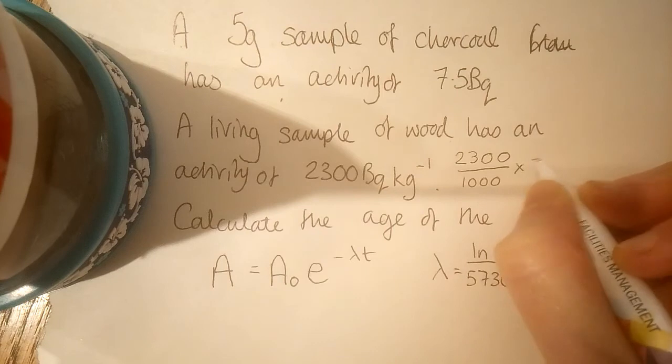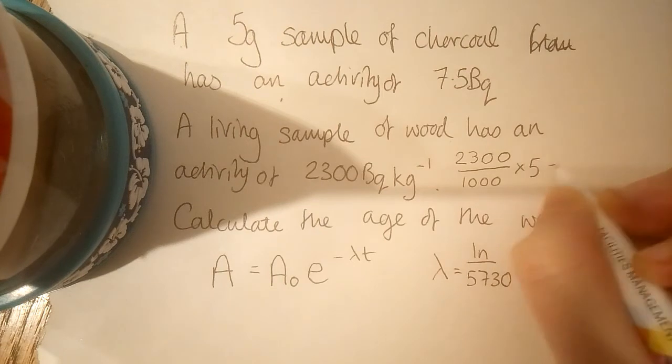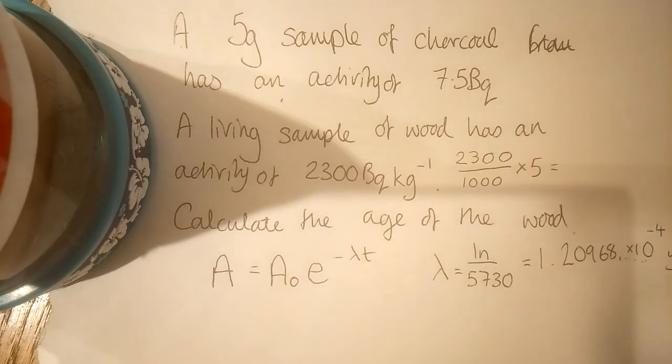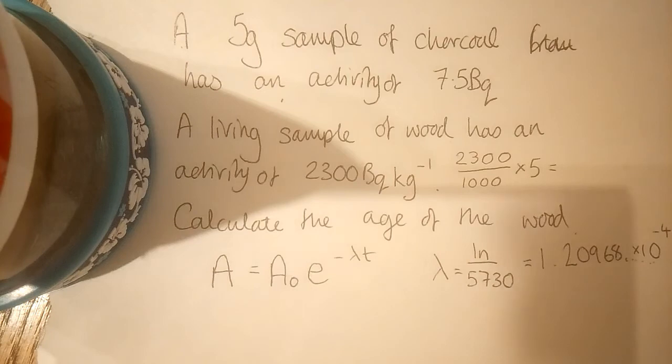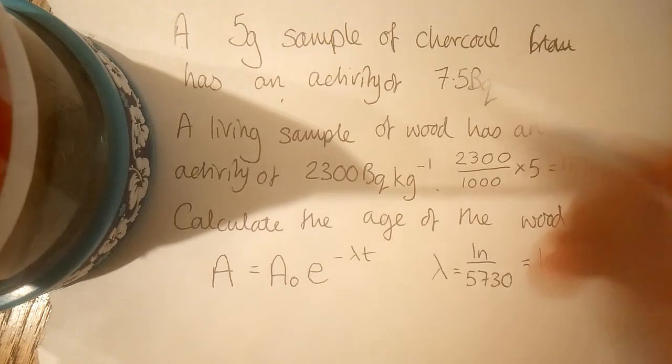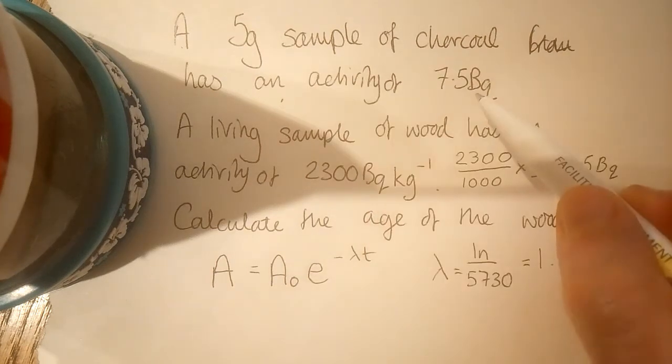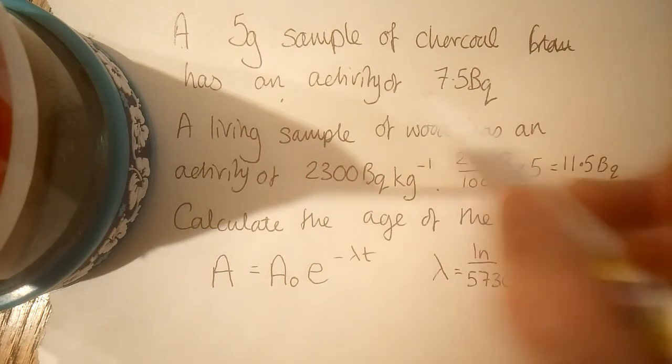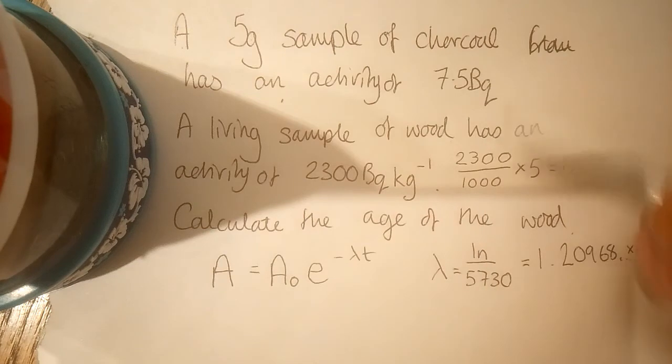I'm going to multiply it by 5 to find the activity in 5 grams, and that comes out to be 11.5 becquerels. You could have gone the other way around and worked out, well, if the activity of the 5 grams is that, what would the activity of 1 kilogram be? But because they're different masses, you've got to get two numbers that you can compare for the same mass.